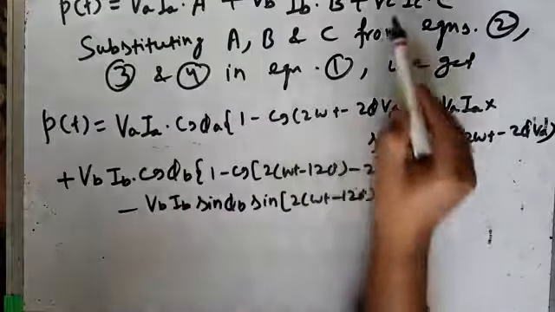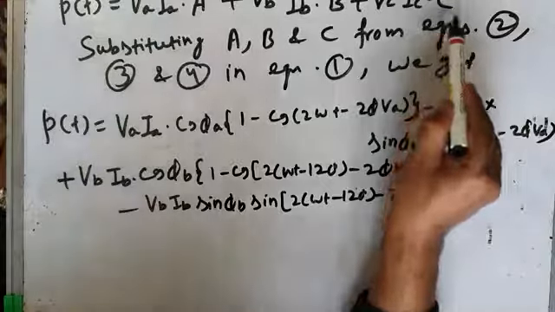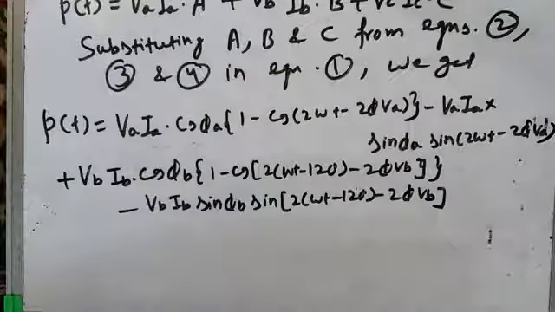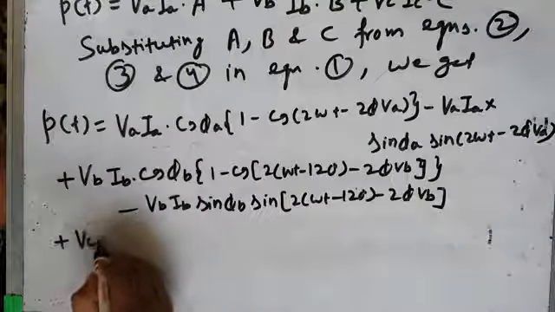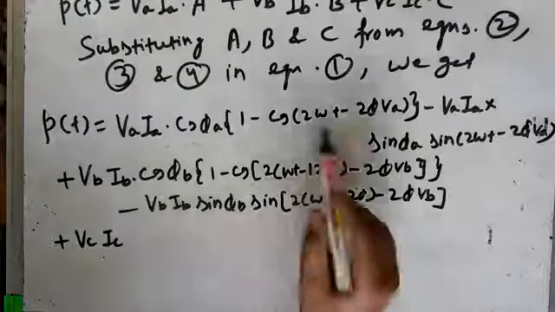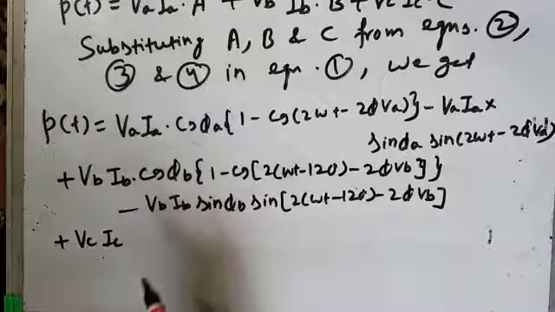Then we have plus VCIC into C, and we have already computed C, just a few moments back, given in equation 4.